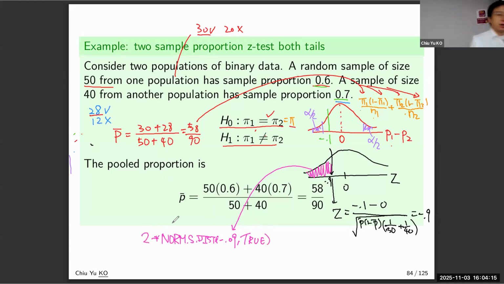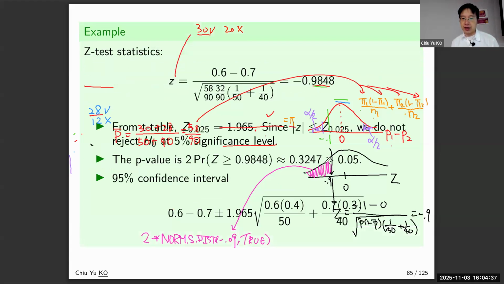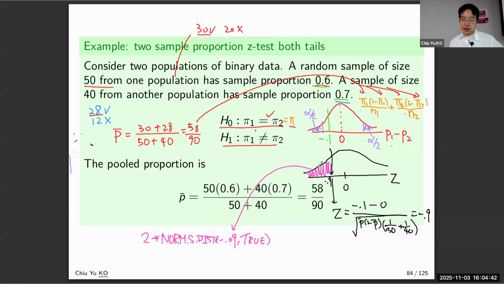Of course you can easily see that 0.9 will not be enough for 5%. It's somewhere below 1.9, so you definitely cannot reject this one. The P value is going to be about 0.3, multiplied by 2, 30%. So no matter whether we use 10%, 5%, or 1%, we can't reject it.